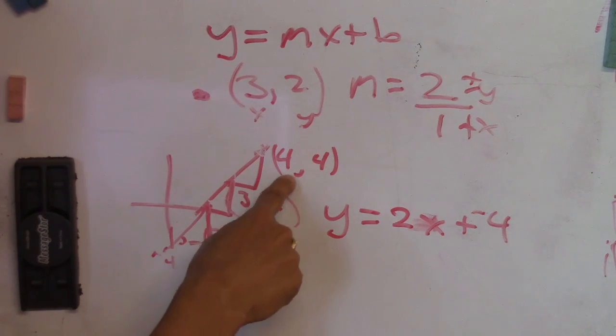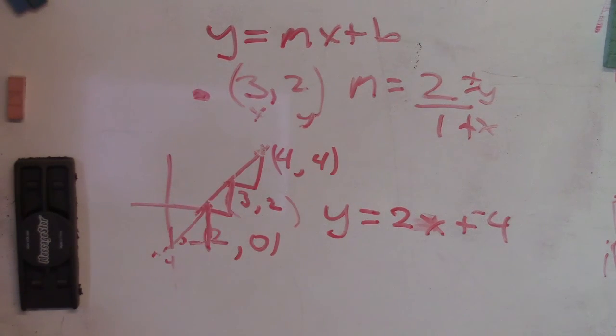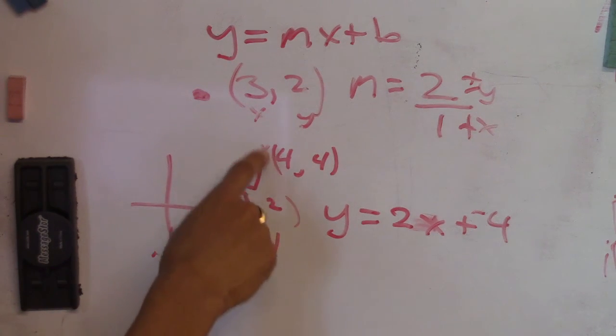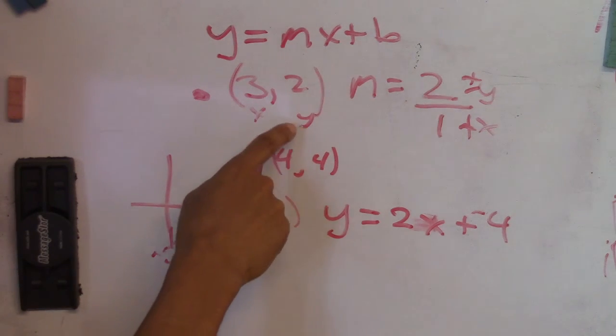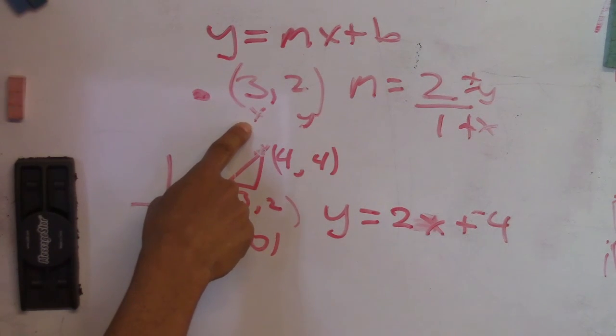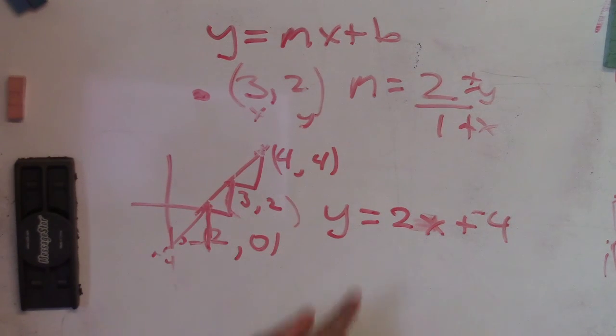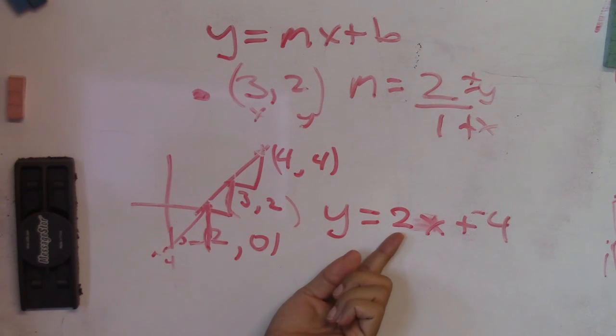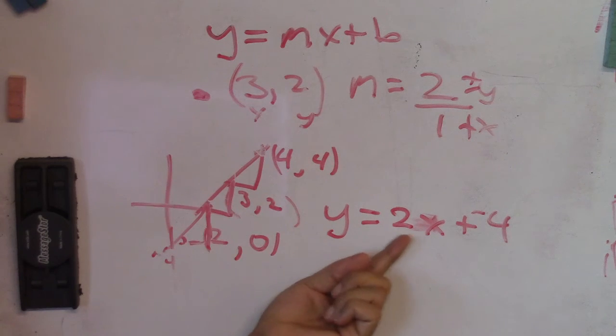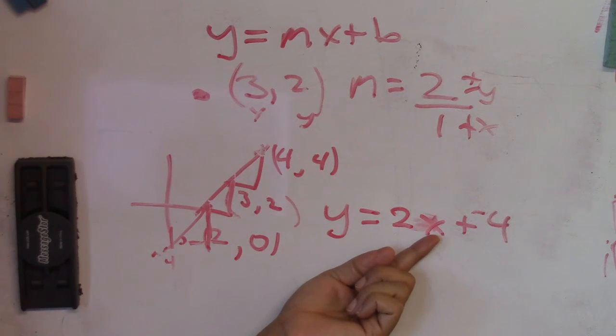Or I can just take these two and figure out, well, let's see here. If I know that x is 3, right, and y is 2, well, if I put 3 in there, right, because it tells me x is 3, well, what's 2 times 3? 6.